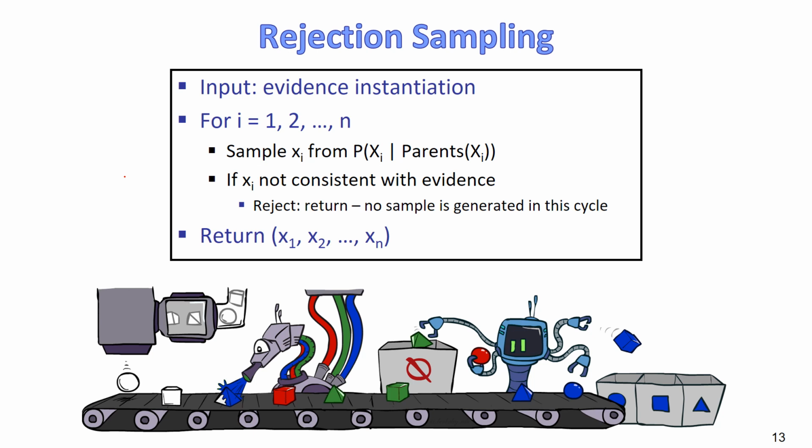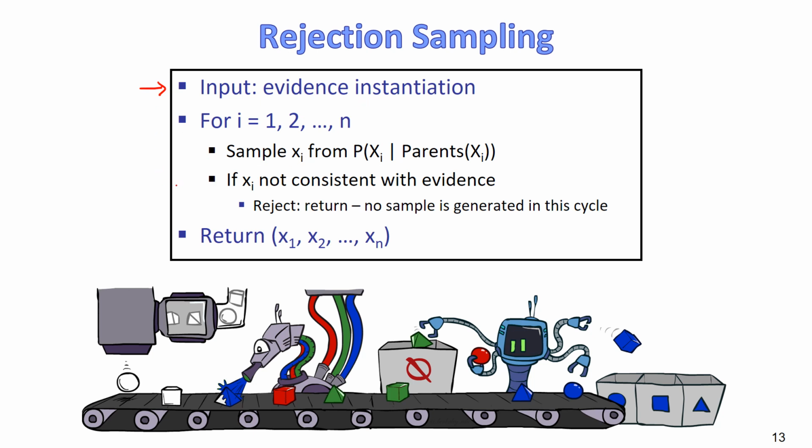So here is the algorithm of sampling one sample using rejection sampling. You will see that it is exactly like prior sampling, except in 2 positions. The first one is that we have evidence. In prior sampling, we didn't have any evidence. So that's why it's good for estimating joint probabilities. Here we have evidence. So that's the first difference.